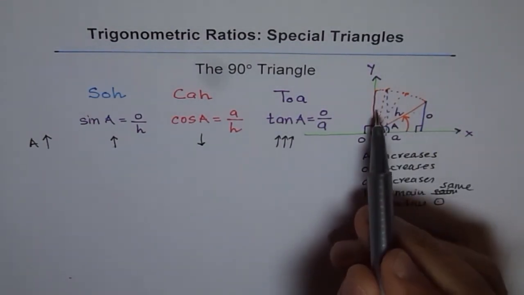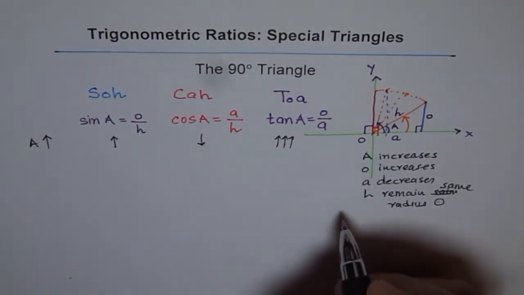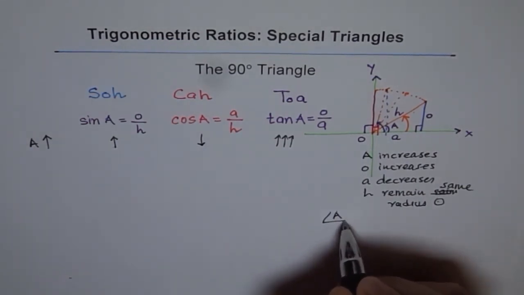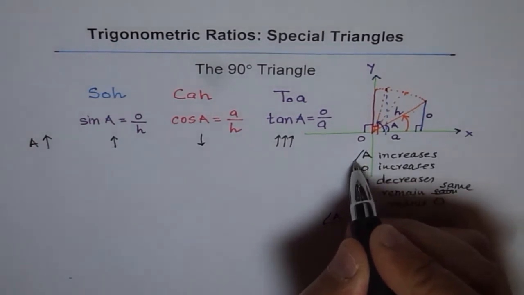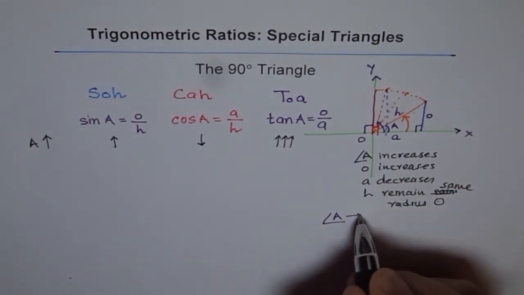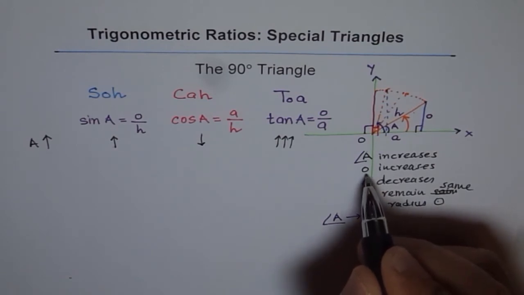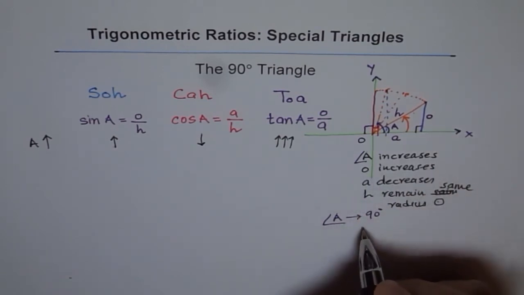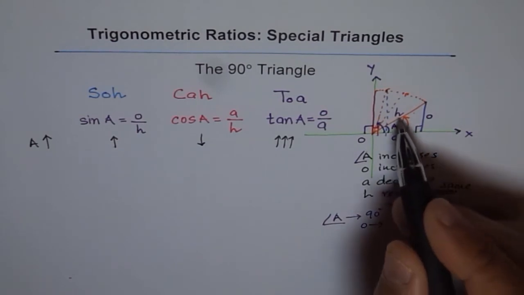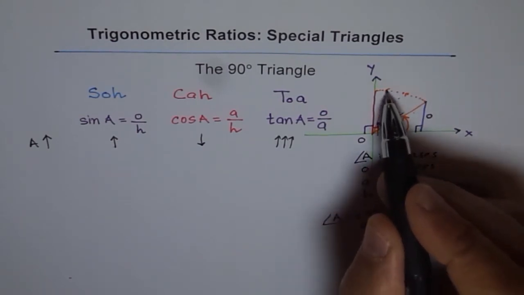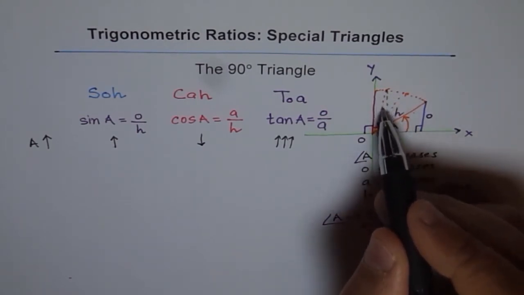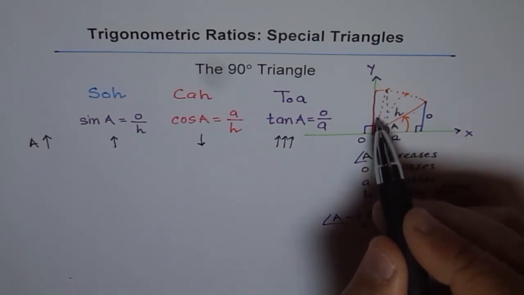What happens to O? As angle A approaches 90 degrees, what happens to O? O becomes closer and closer to the hypotenuse. Do you see? So it becomes almost the same as the hypotenuse.